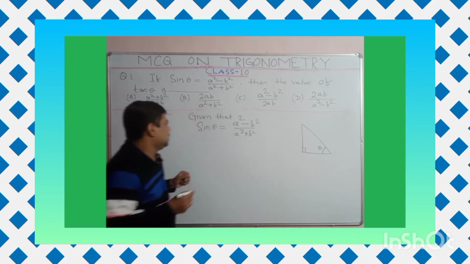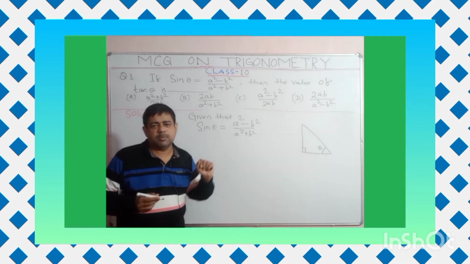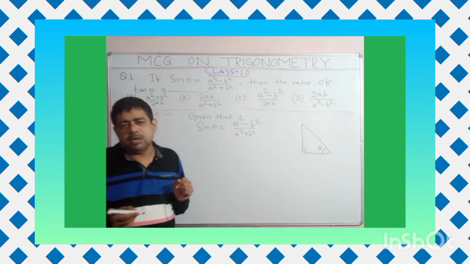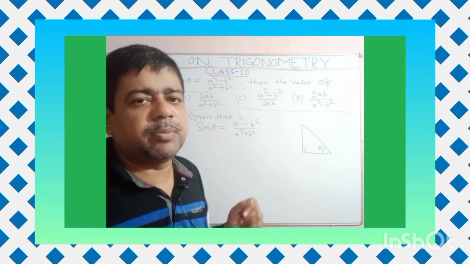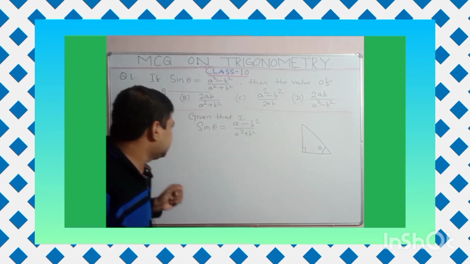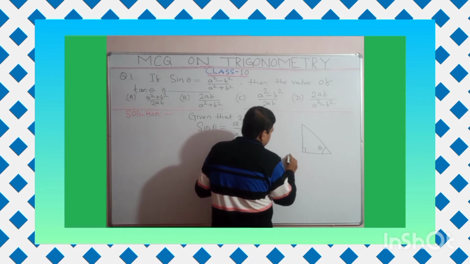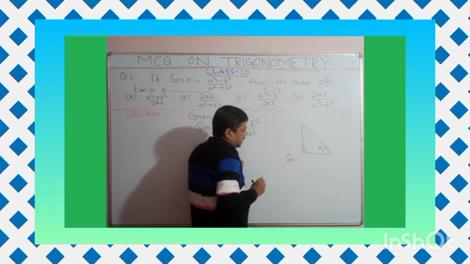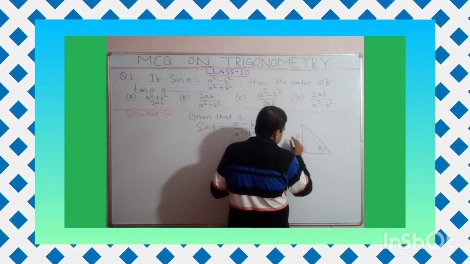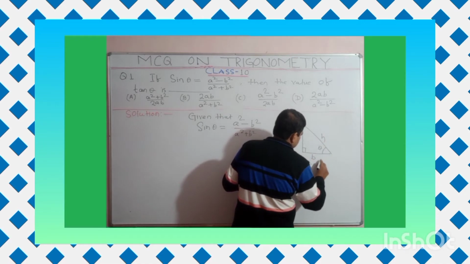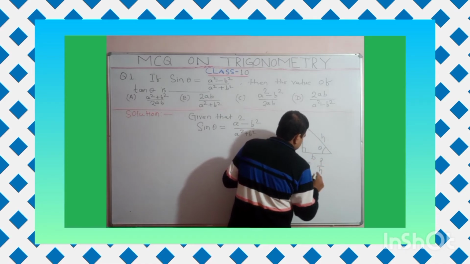Sine theta is equal to a square minus b square by a square plus b square. This is given. If it is a right angle triangle, this is the opposite side, the perpendicular, this is the adjacent side, and this is the hypotenuse. So sine theta is perpendicular by hypotenuse.